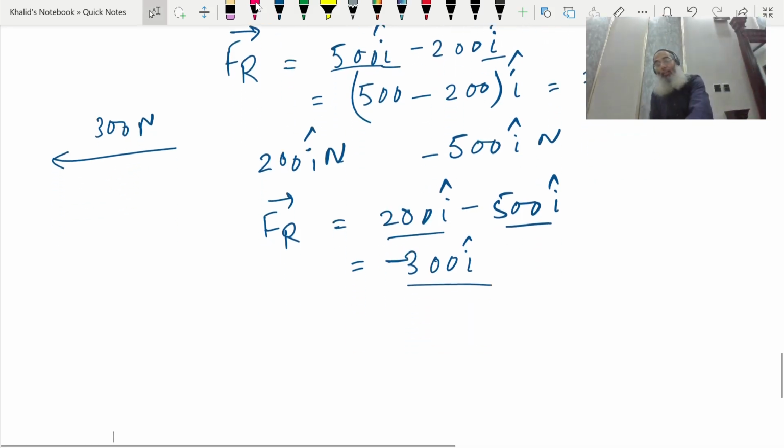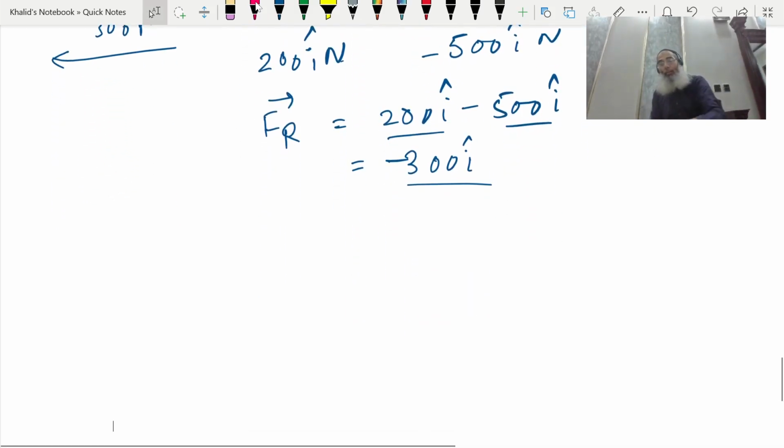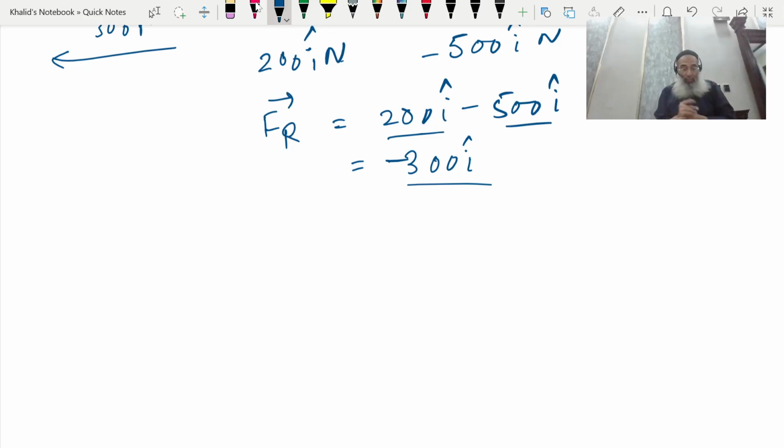Here we are adding vectors. What if we are to subtract two vectors, vector A subtracted from vector B?